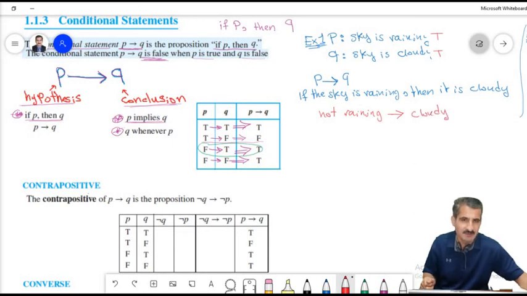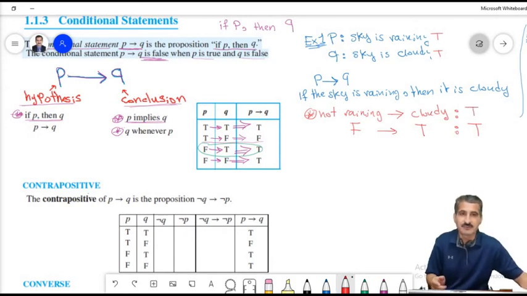We are saying this is false gives true, because we assumed it is cloudy, and then the result is true. So how come this statement, it's not raining, then it is cloudy, is taken as a true statement? Because it could be cloudy but not raining. That's natural. This is the kind of explanation of why this is happening.